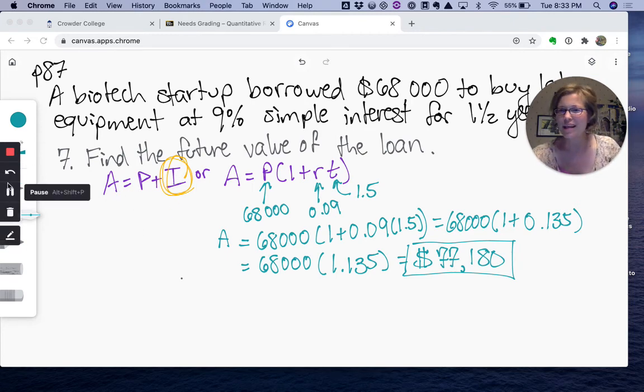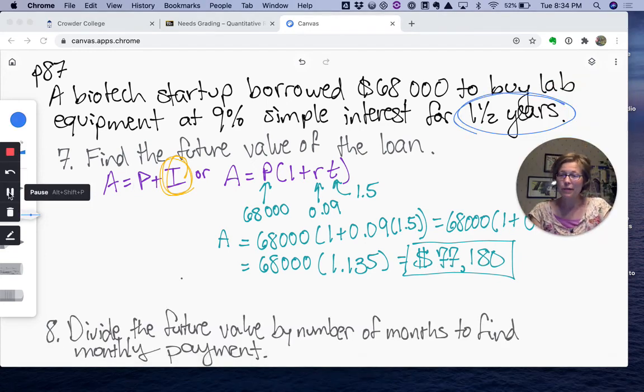But that just seems like an extra step. So I used this one. I knew P, I knew R, I knew T. I plugged all those things in. Then I needed to multiply these 2 things together first for my order of operations. I got that number. I finished the parentheses in there, and then finally multiply these 2 to get this amount.